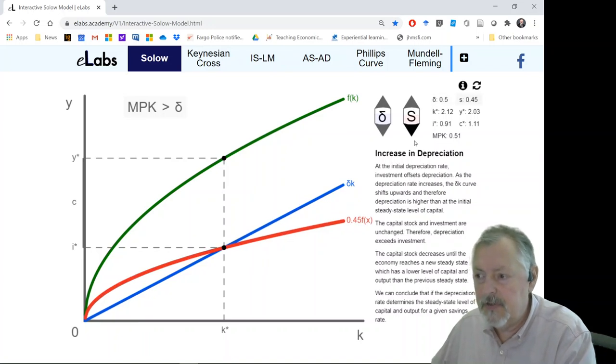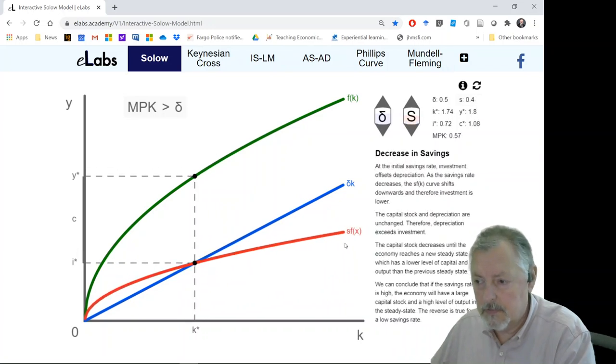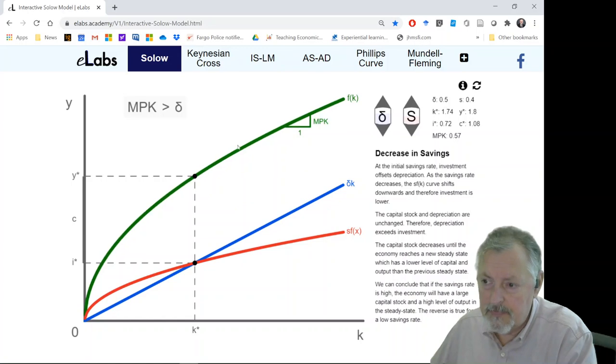Now, let's say your savings rate drops. Well, that's taking the red line down, so you're going to move left to the new steady state level of capital, which will be lower. And instead of having this level of output per worker, you'll only have this much. Standard of living will go down.